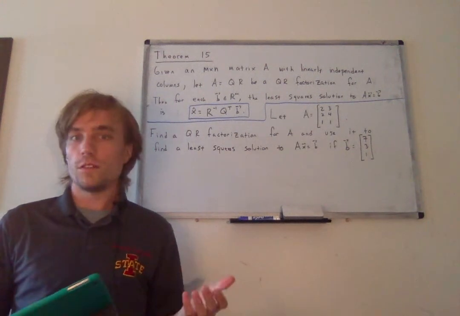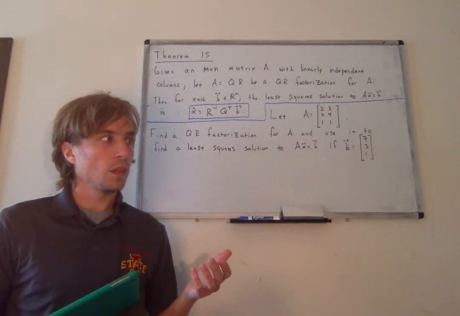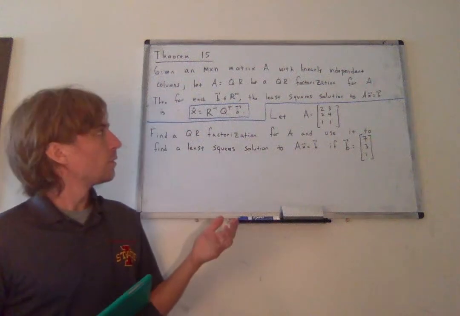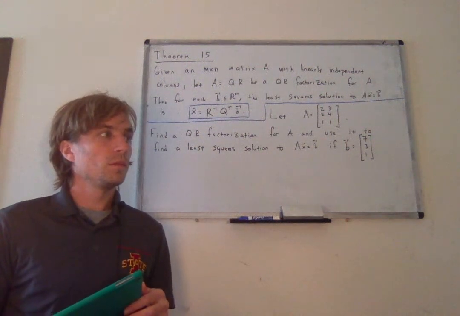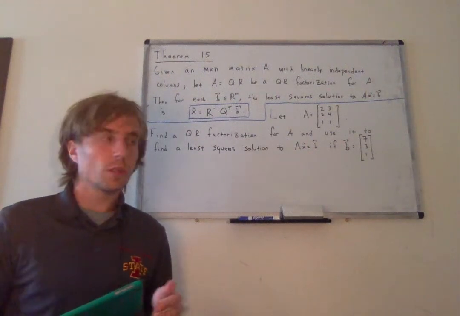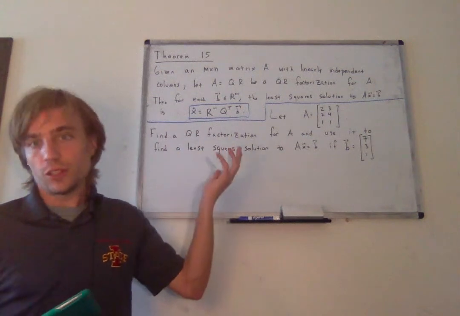That will always involve some amount of row reducing, or multiplying by an inverse, or calculating an inverse, which eventually involves row reducing.